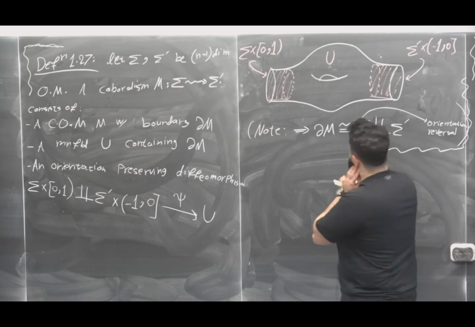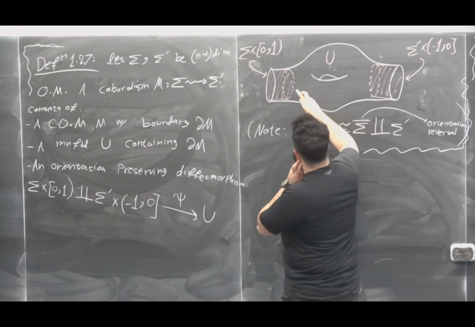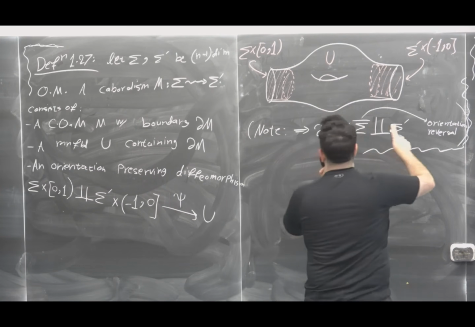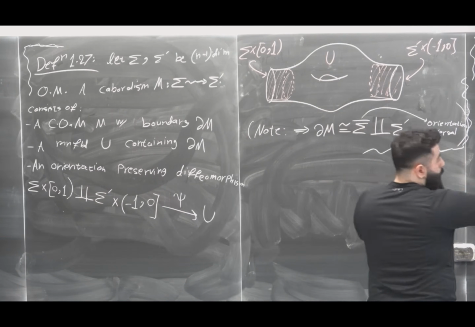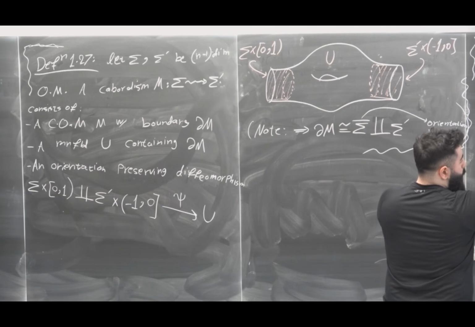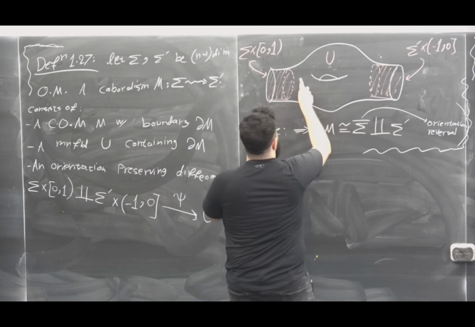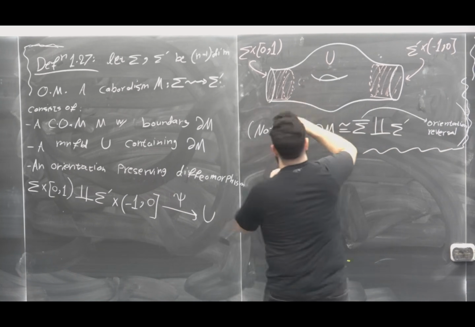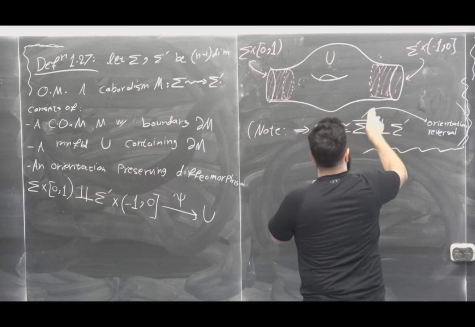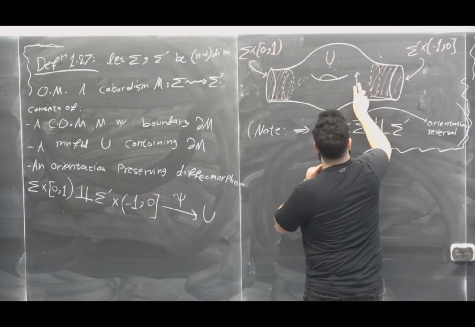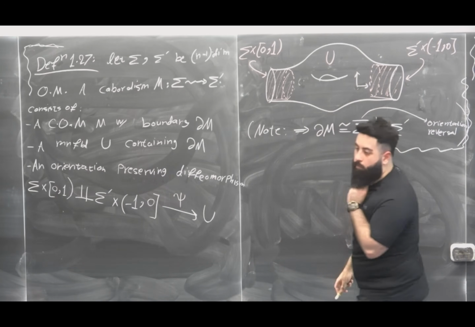So let me draw an ordered basis. That's how we induce the orientation on the boundary. We said outwards pointing, so that direction is the positive orientation of the one-dimensional manifold.